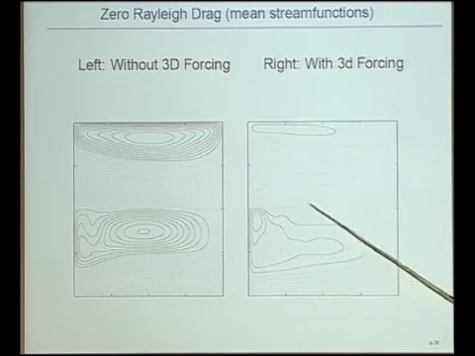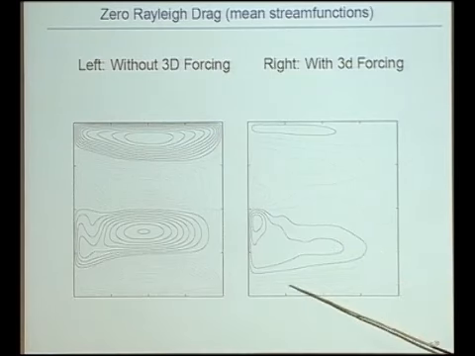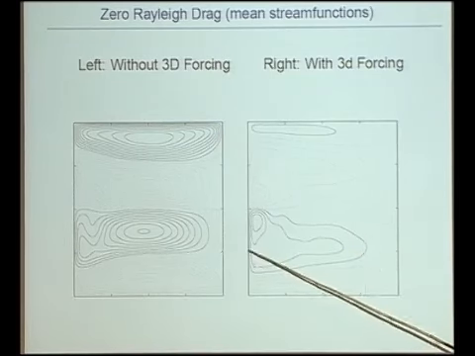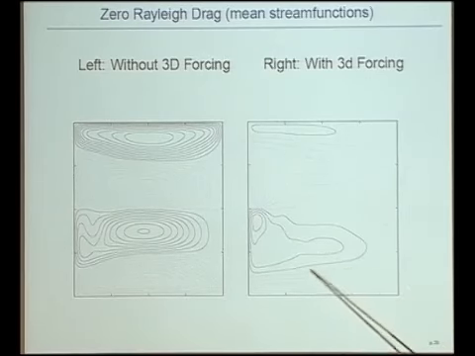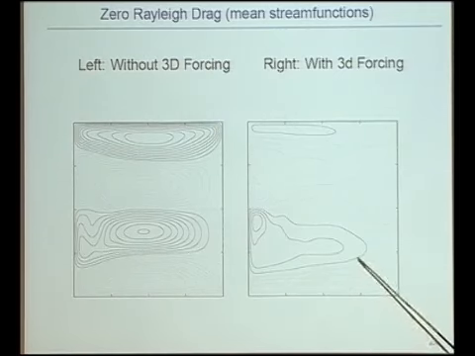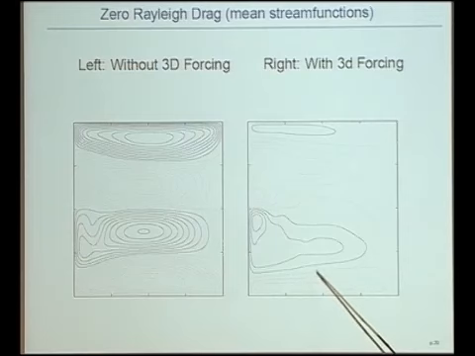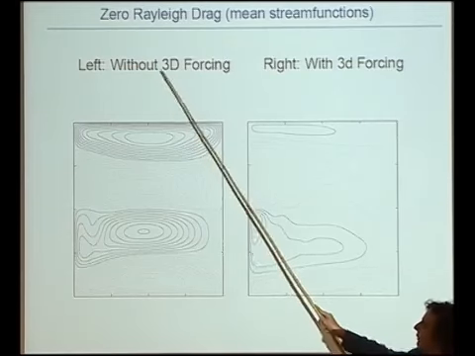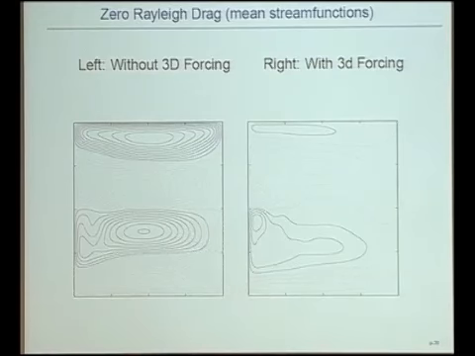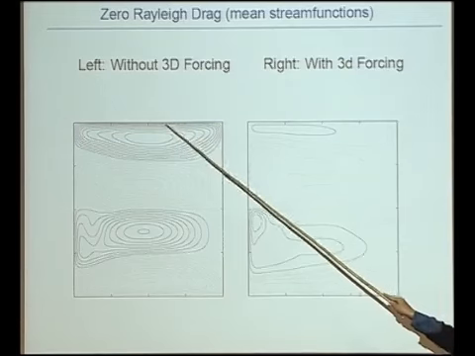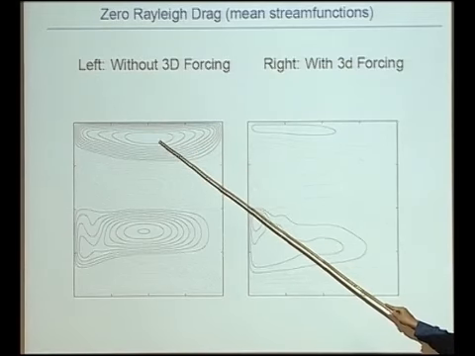And on the right, I have 0 Rayleigh drag, but with this 2D to 3D transfer mechanism acting. And this is in a regime that I like to think of as sort of vaguely oceanographic. I mean, you can still see gyres that look like the ocean gyres. You get a western boundary current and whatnot. You start to see hints of counter-rotating gyres on the edges.